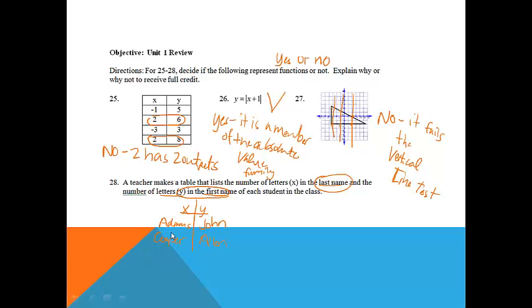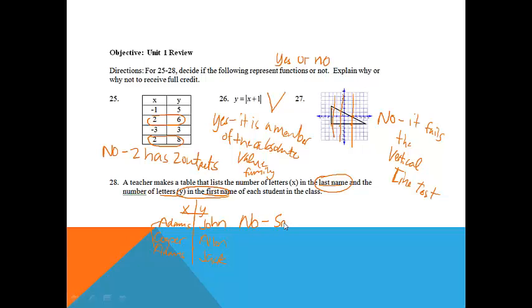And then what I'm going to be looking for is, is there any way to repeat the input but then get a different output? I'm going to say Adams. I know that another Adams is Jack. So notice that for one input, you can have the same last name but different first names, which makes it not a function. So I'm going to say no, it's not a function.